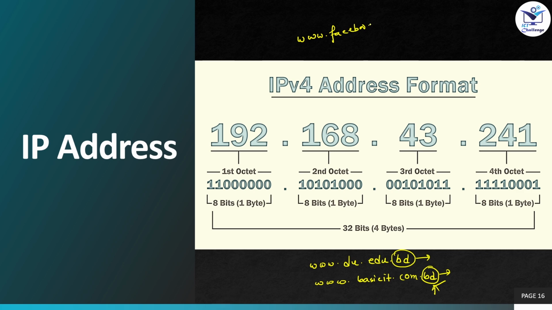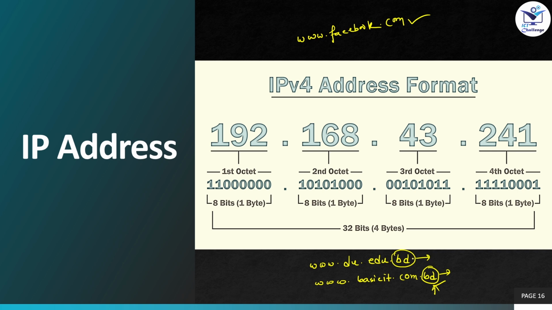Facebook, facebook.com, is a complete website address without the country domain or country code. But you can use BD for Bangladesh, UK for the United Kingdom, CA for Canada, and US for the United States.